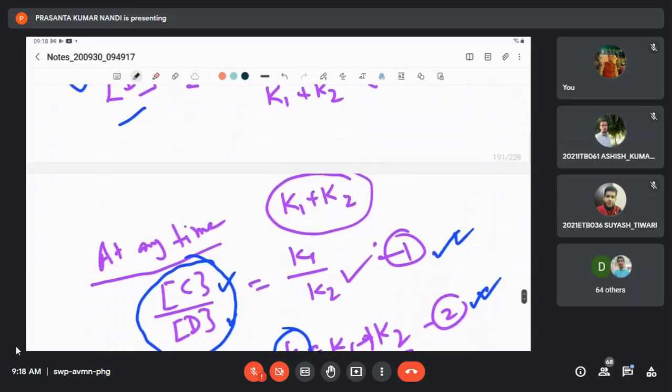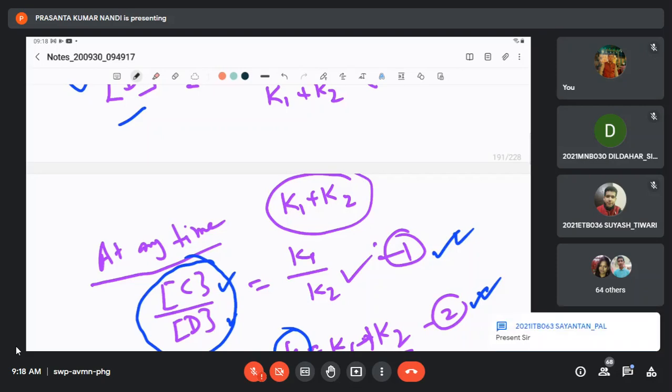Now at any time, what we can do, because there are two rate constants, K1 and K2, if you want to find the ratio of the two products, that is C and D, what is the ratio of the concentrations of the two products at any time, then what we can write? Can we write it in this form, K1 by K2?